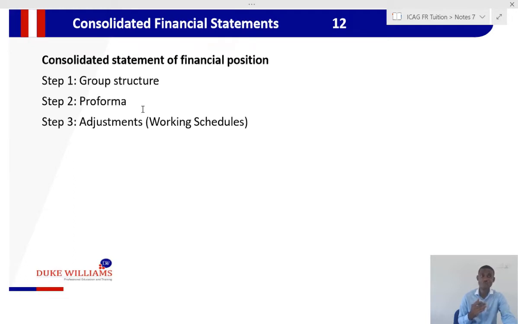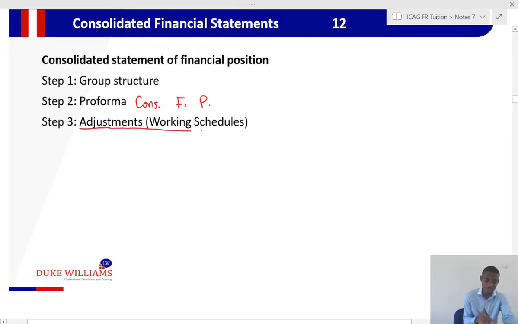Now step 2, we have to draw up the pro forma, and the pro forma here is the consolidated financial position statement. Step 3 is to come up with the necessary workings.